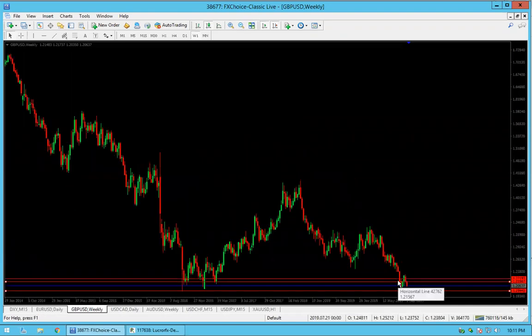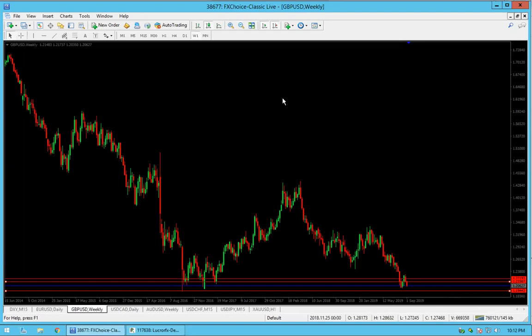So the area that I'm staying cautious of that it could reach for is right here down in the 1.1944 handle, as it had previously got its strength from that level back in 2016.